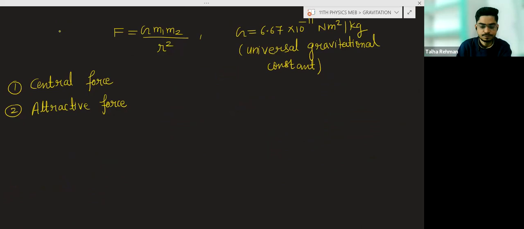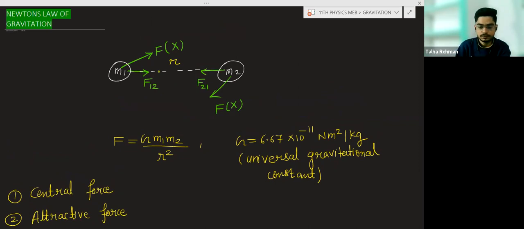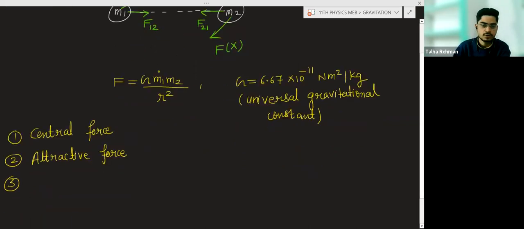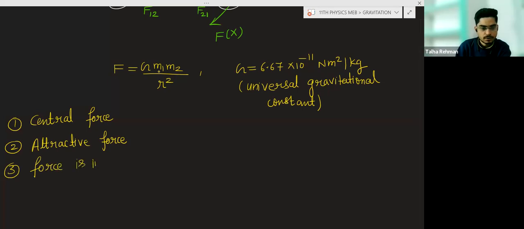Point number three. This force is independent of medium. So what is the meaning of this?